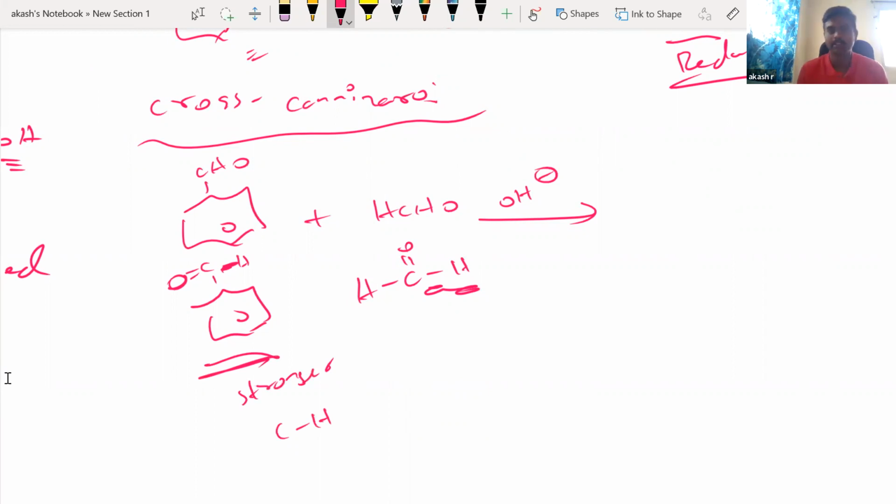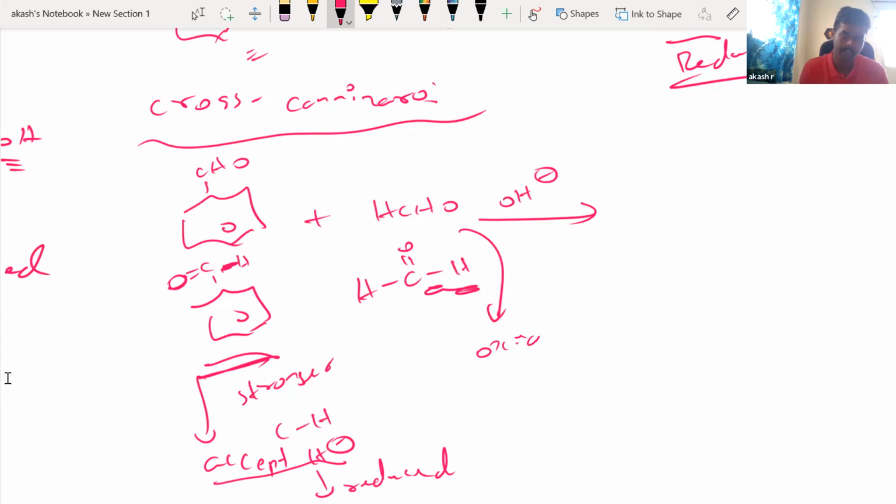So if this has the stronger CH bond, rather than giving H minus, this is going to accept H minus. So obviously this is going to get reduced, and this one is going to get oxidized. Very easily we can tell this.